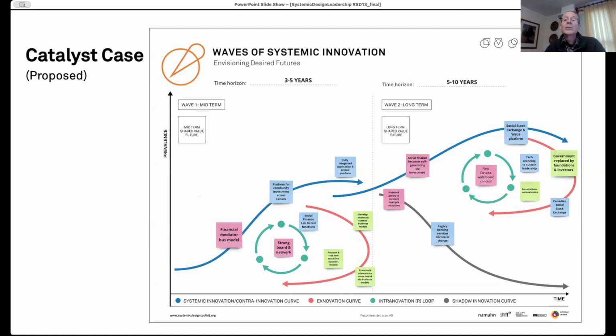And then the intranovation, that green cycle, could be a Canadian-wide board concept from across the communities that is perhaps more distributed, using technology to sustain the leadership, and a different wave of exnovation as well, where maybe the government support is now replaced by foundations and investors, and the government funding isn't needed as much for the community capital, and it starts to really build on its own.